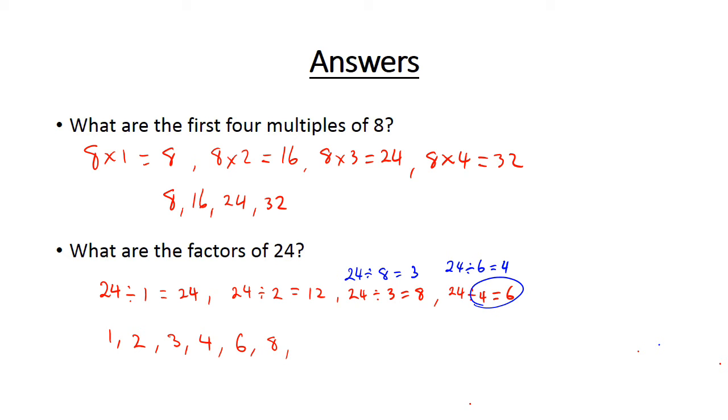We can rearrange the second one we did, which was 24 divided by 12, that would give us 2. So we can say we have a factor of 12. And we can rearrange the first equation we did, which was 24 divided by 1, and change it to 24 divided by 24, and that would give us 1. So we can say the factors of 24 are 1, 2, 3, 4, 6, 8, 12, and 24.